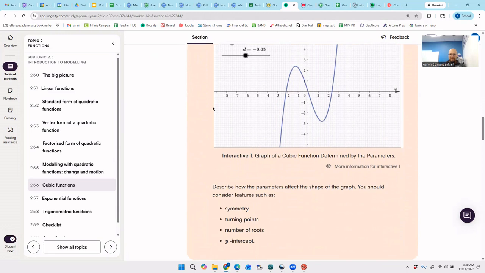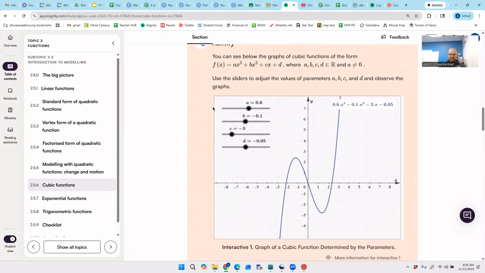Okay, with cubics and polynomials, we're interested in symmetry. There's even polynomials which have y-axis symmetry sometimes. There's odd degreed ones could be odd if they have origin symmetry, which means they must actually, well, they don't have to go through the origin. There's a few exceptions. They cannot have y-axis and origin.